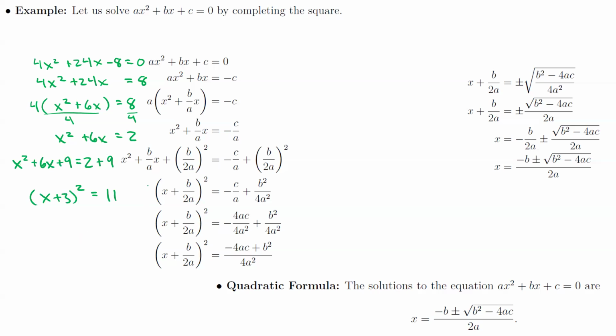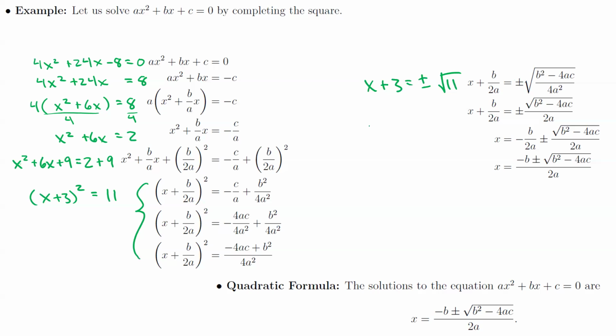And then these other steps that you see here are just them taking their complicated looking right side and simplifying it into just a single fraction expression. But that's all just this same step here. But then what do we do at this point when we've got something squared equals a number? That's when we apply the square root property. Right, so we say x plus 3 is equal to plus or minus the square root of 11, which is what they did here.